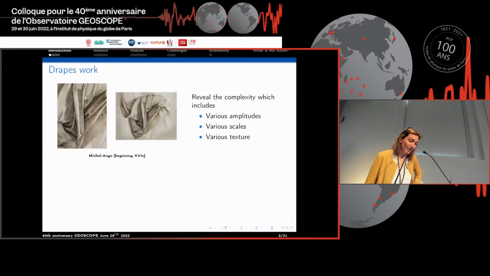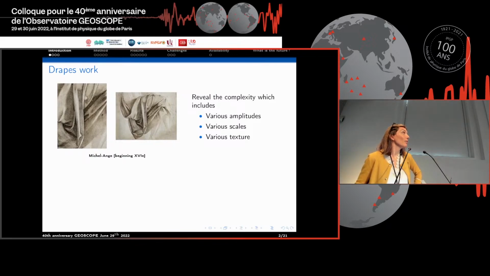And secondly, I also realized when I gave this title that it was not obvious what I meant by mantle drapes. And so I wanted to start by explaining the analogy I meant to make. The drape is, you know, when you put a fabric on an object, you will have these typical folds, and it's a very good exercise for drawers to try to reveal the complexity of the drapes.